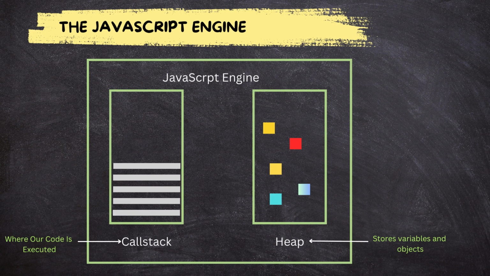Every time you call a function, the engine pushes it onto the call stack, and every time you return from a function, the engine pops it off the call stack. Now the call stack works in last in, first out order, which means that the last function that was pushed onto the stack is the first one that is popped off.